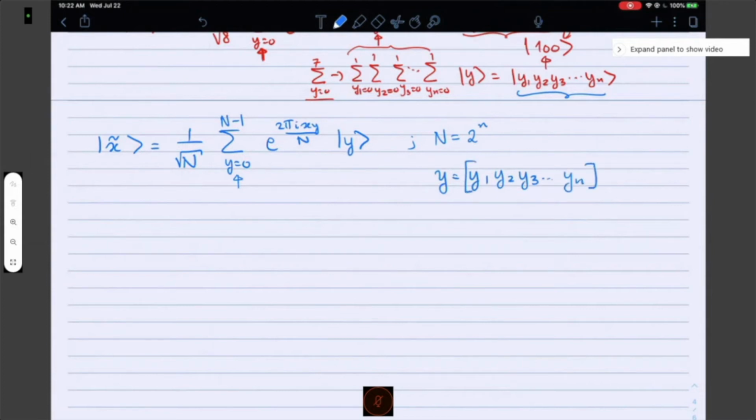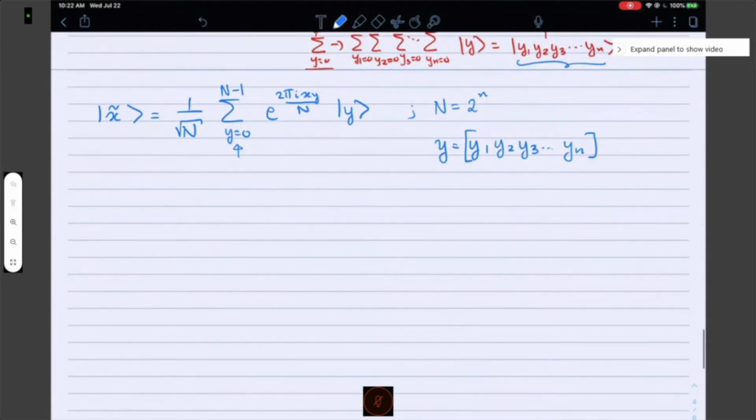And when I write down these square brackets, what I mean is that the decimal representation is simply 2 to the power of n minus 1 times y1 plus 2 to the power of n minus 2 times y2 plus, going all the way down to 2 to the power of 0 times yn. If you don't recall exactly, this is simply going back and forth between the decimal and binary representation of y.